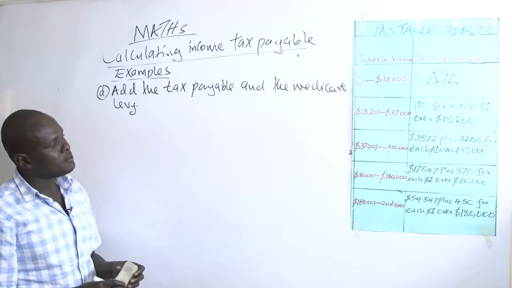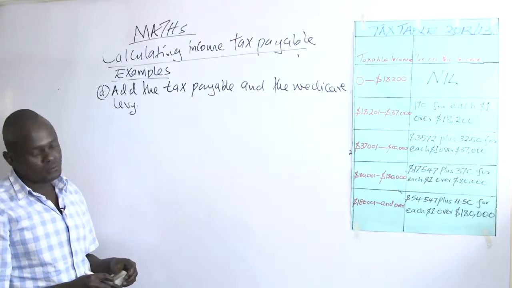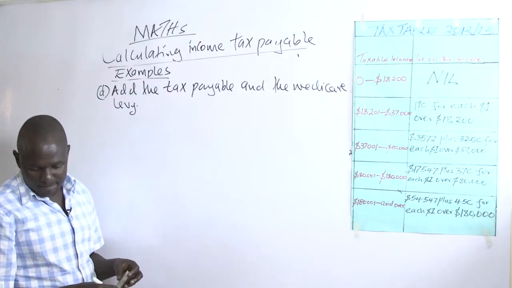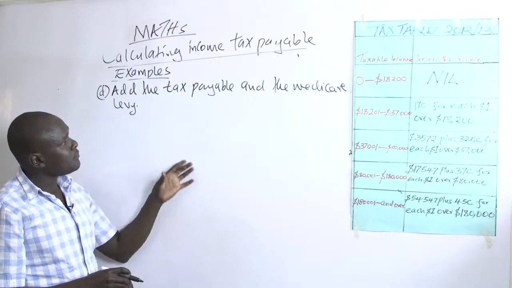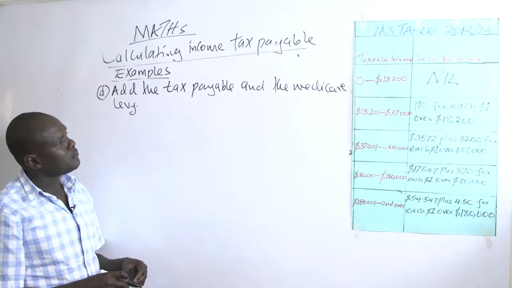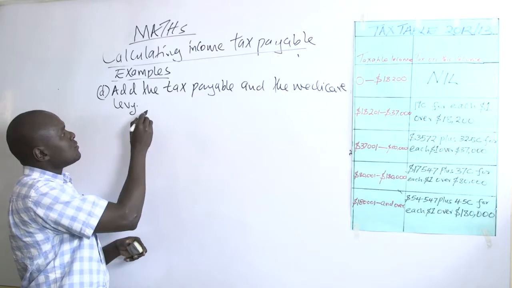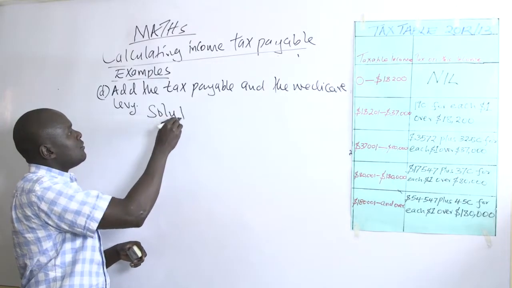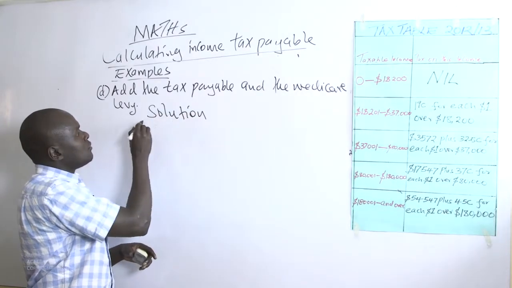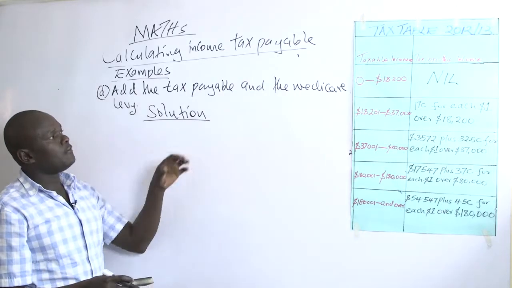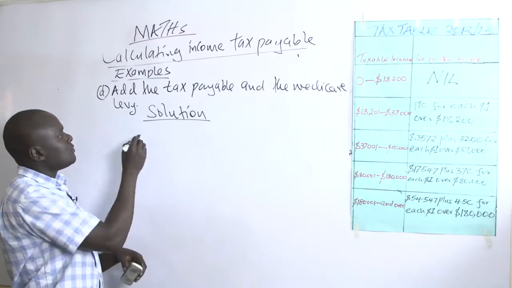We add them. This is basically a total. And this particular total gives us the amount that Richard should have paid in taxes.